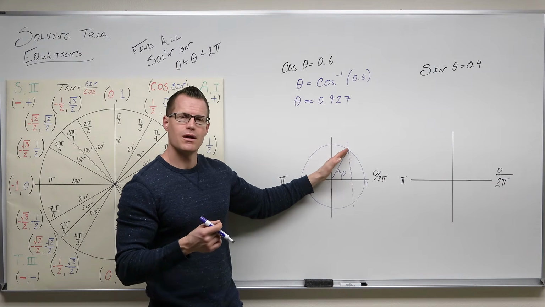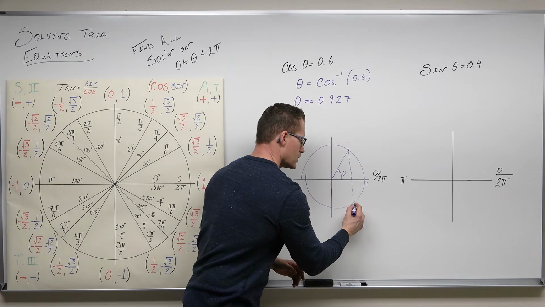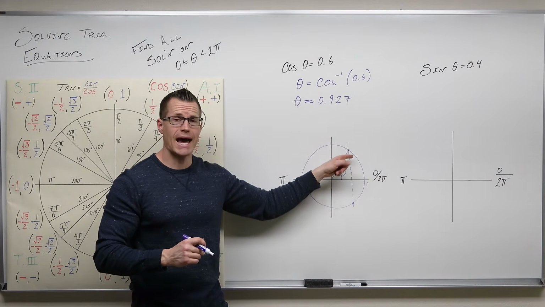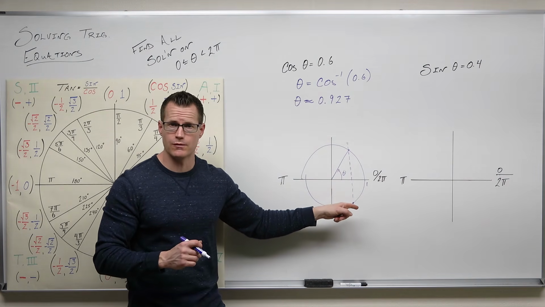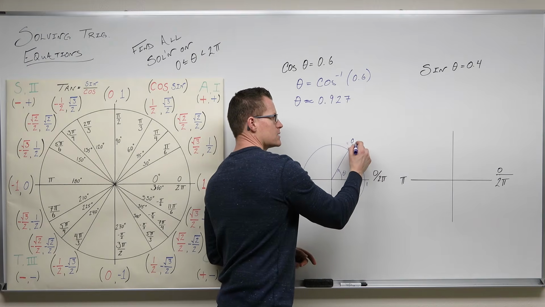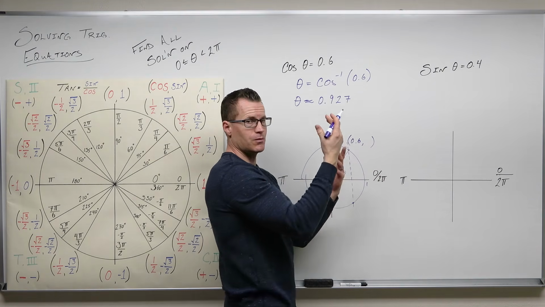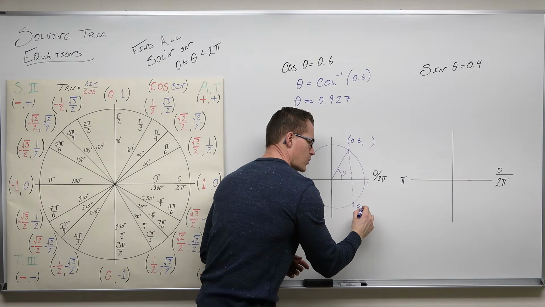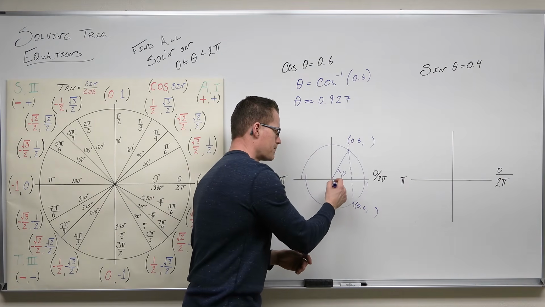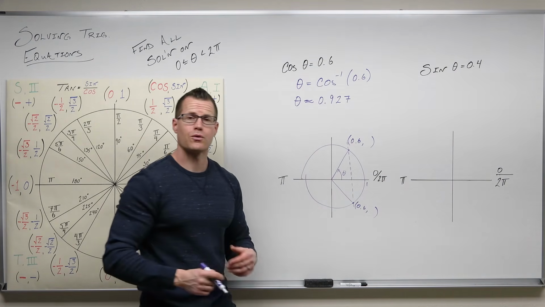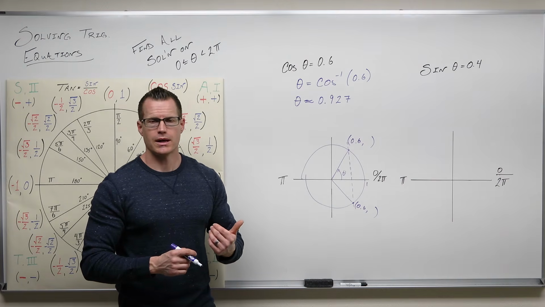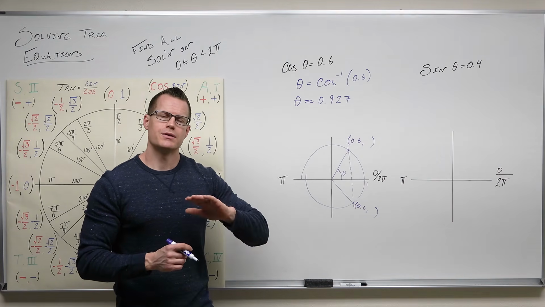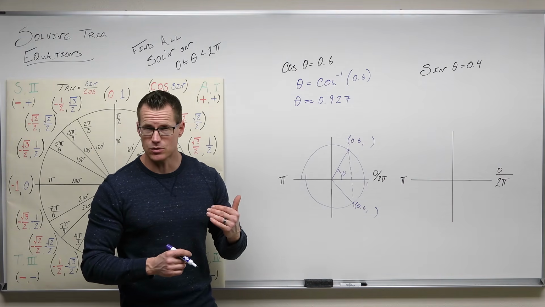But look at this. There's another point on the unit circle that would have that x coordinate of 0.6. This would be 0.6 comma some y, and this would be 0.6 comma some y. Therefore, there's another angle there. Now, how do we find it? These angles will have symmetry.